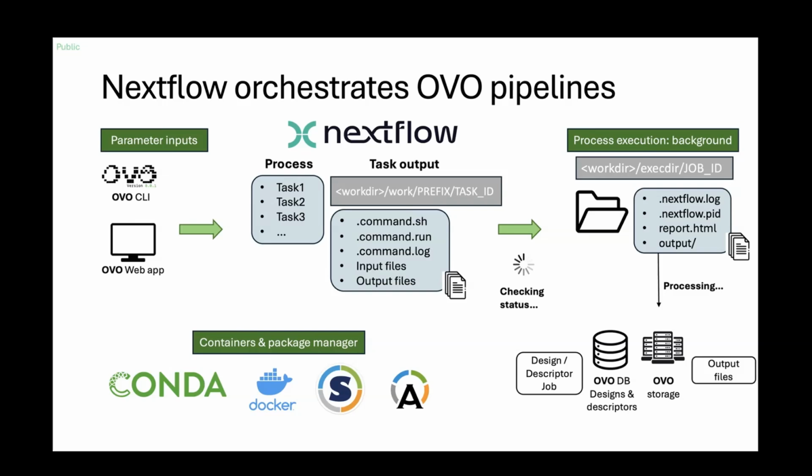So how does the pipeline start? Usually it starts with some user-defined inputs from the Ovo web application, for instance. Then each pipeline is divided into processes. These tasks are, for example, backbone generation, let's say 100 generated binders.